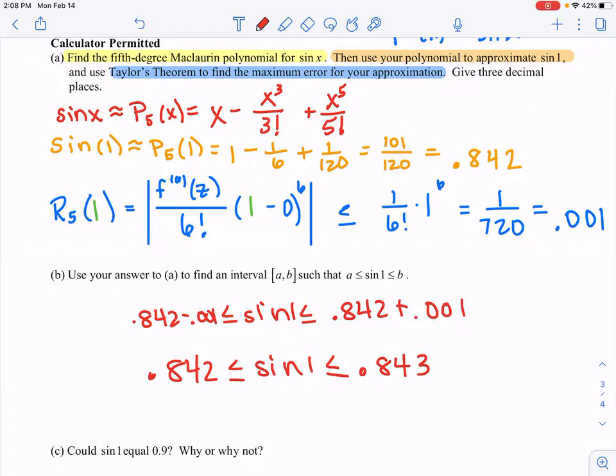Now, yeah, I know you can plug in the sine of 1 to your calculator. I understand that, okay? But also understand that that wasn't always an option back in the day, and I wanted to give you a basic example to where you could wrap your head around it a little bit better.